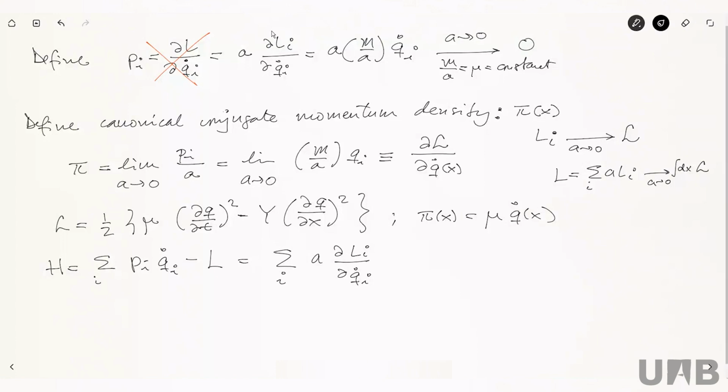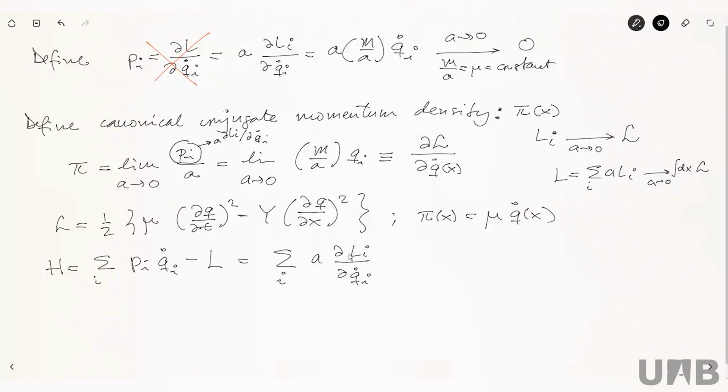So pi here is this object. For instance, I could just write it like this, right? So this pi here is A times the derivative of Li with respect to Q dot i, like here.